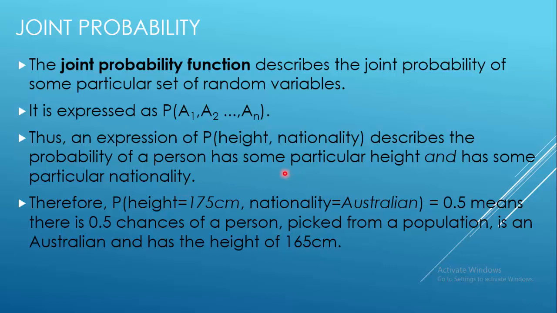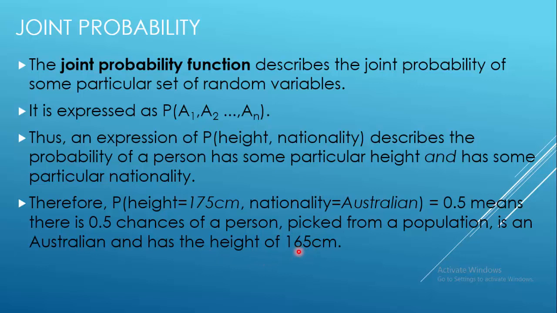As we know, different nationalities have different average heights. So here height depends on the nationality as well. Therefore, P(height = 175 centimeter, nationality = Australian) = 0.5 means there is a 0.5 chance that a person picked from a population is Australian and has a height of 175 centimeter.